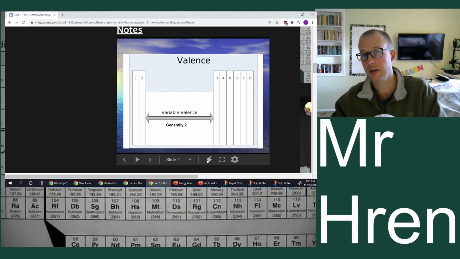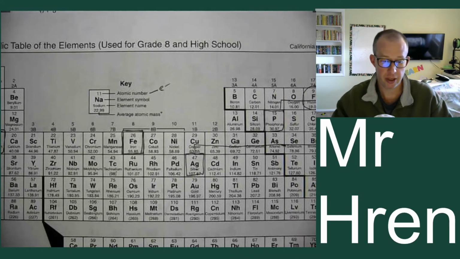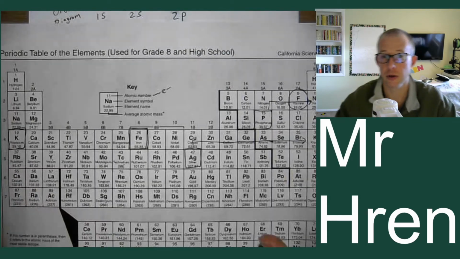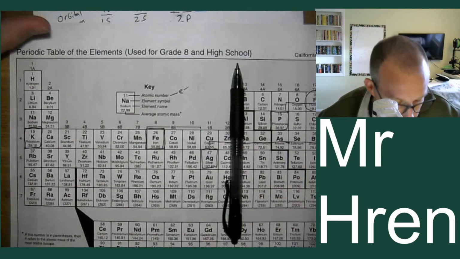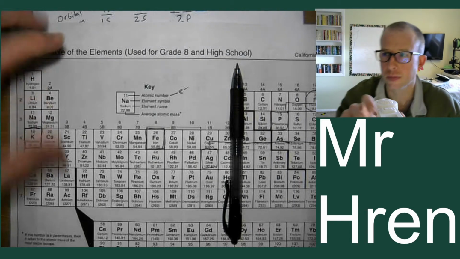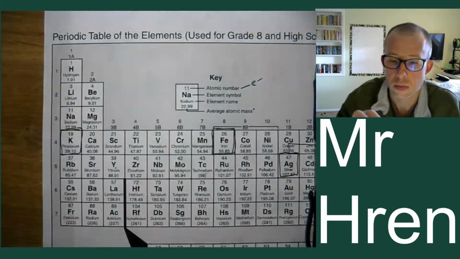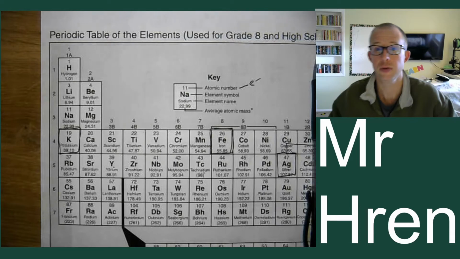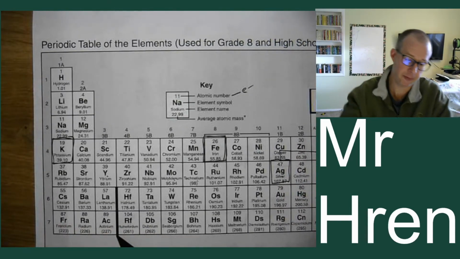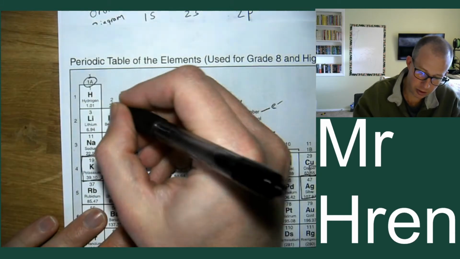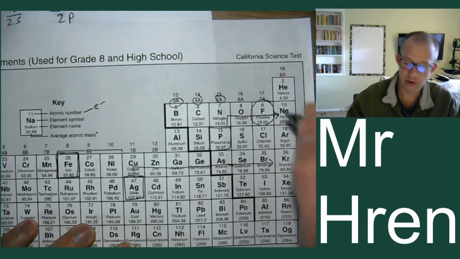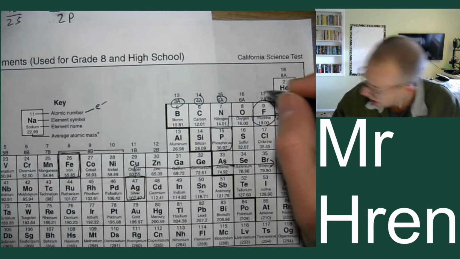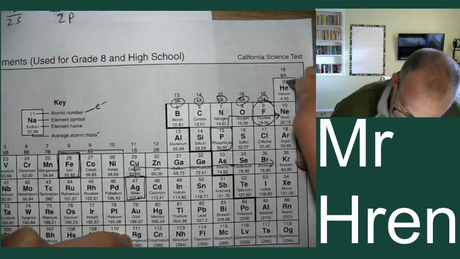If you look at the periodic table here, you'll see that the groups are numbered 1, 2, and then 3, 4, 5, 6, 7, 8.